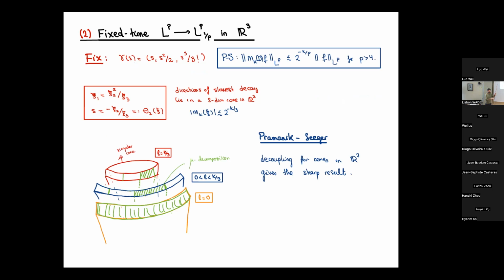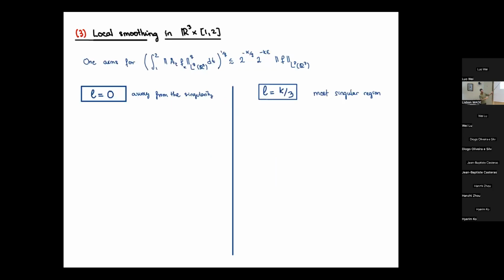But if we just look at the psi variables, we have two extreme cases: the singular cone, which I'm going to denote by k/3, and away from singular, which I'm going to denote by L equal to 0. Those are the two behaviors. Now I want to introduce a time variable to my problem, and let's look first at what happens away from the singularity.